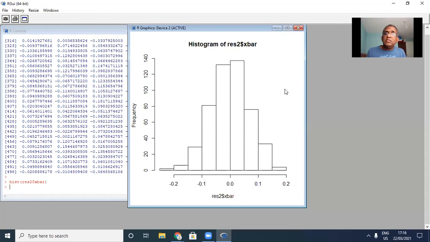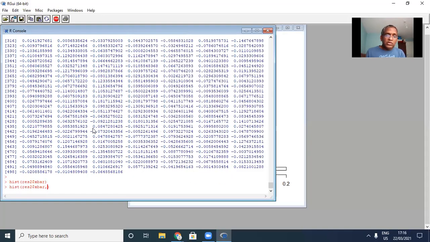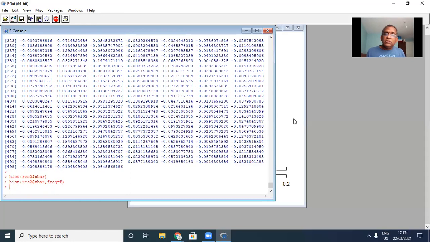So this is the histogram of the simulated values for the sample mean. Let me set freq equal to F. This is what you get.